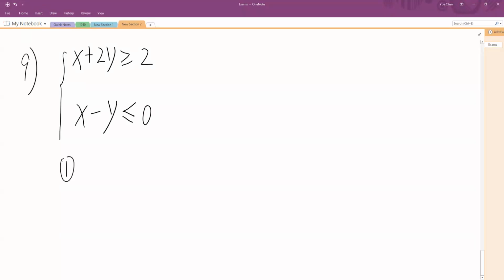So this is the first one. We want to draw the region for the first inequality. We need to look at the boundary, where the boundary is x plus 2y equals 2. Okay, so we draw the graph here.